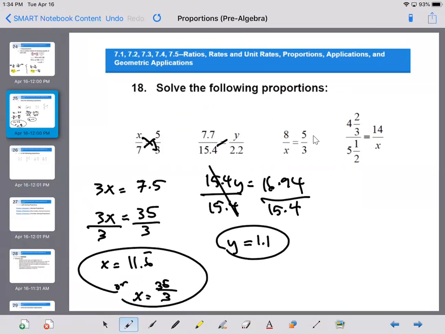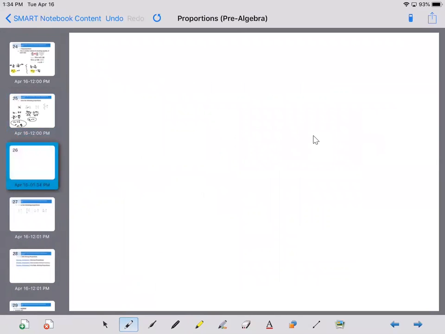So if you have 8 divided by x equals 5 divided by 3, cross products, 8 times 3 is 24, 5 times x is 5x. So we're just going to divide both sides by 5. And you would get 4.8 to equal x.